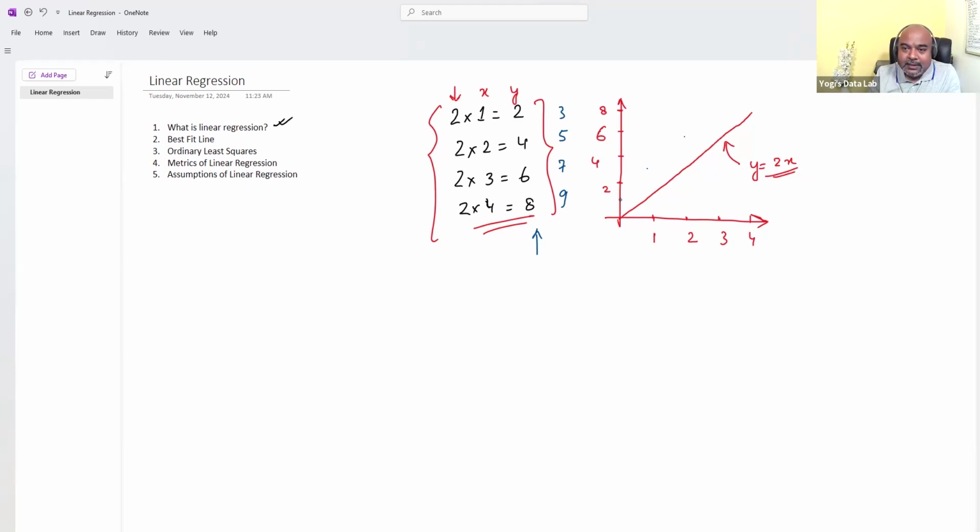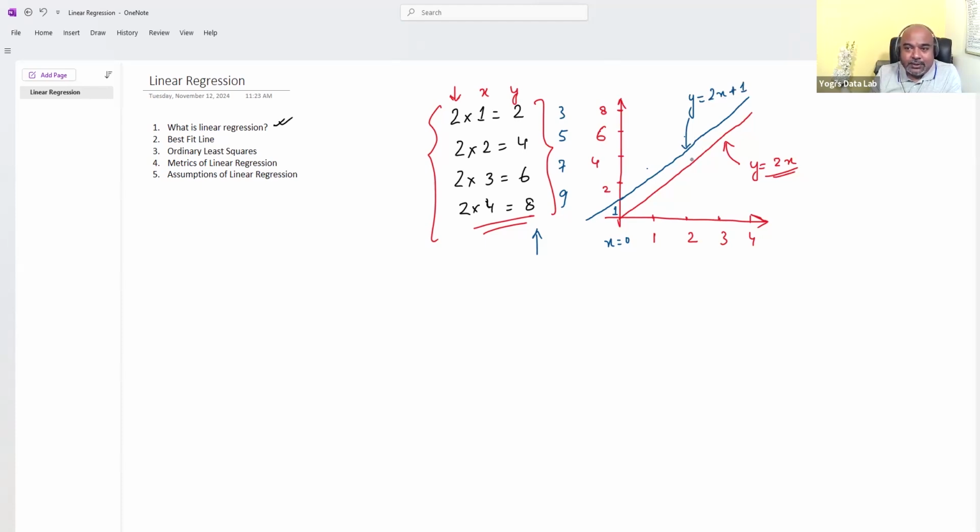And likewise, you'll get a straight line, something like this. And it will intersect your y-axis at this point, which is 1. Which means that whenever your x is 0, y is equal to 1. The equation of this line will be y is equal to 2x plus 1.